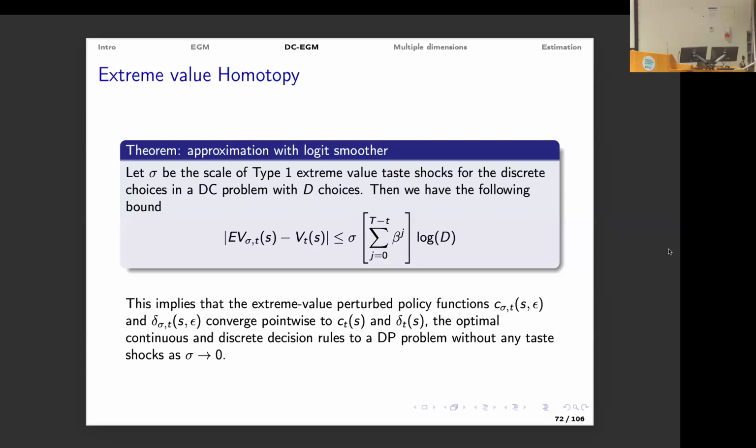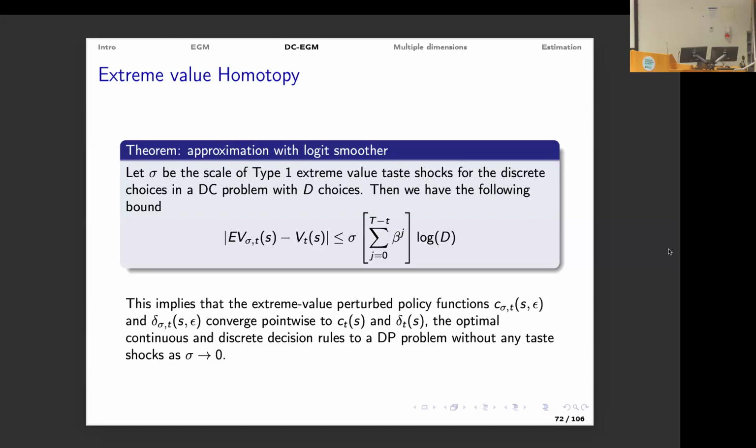Now, like I mentioned in the beginning, we can think of this additional noise, the logistic noise added to the problem, as just a logit smoother. So we could say that, okay, we are dealing with these discontinuous objects. Numerically, it's much more convenient to have them smooth, and a standard approach is to add a little bit of a smooth max or a logistic smoothing to the discontinuities.